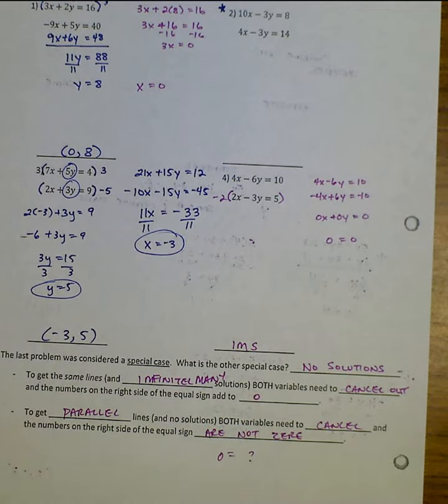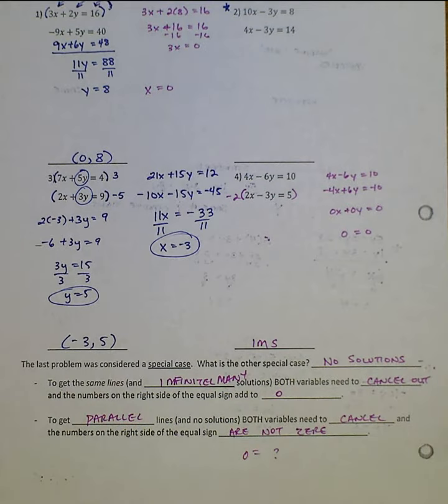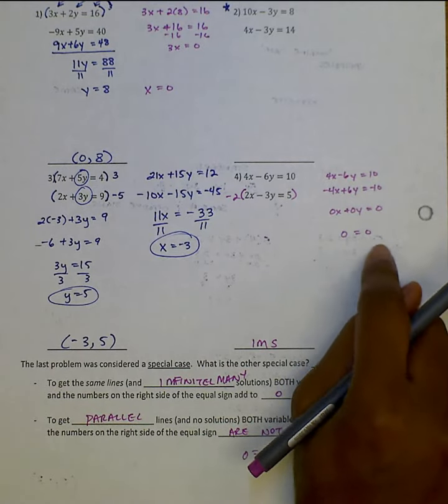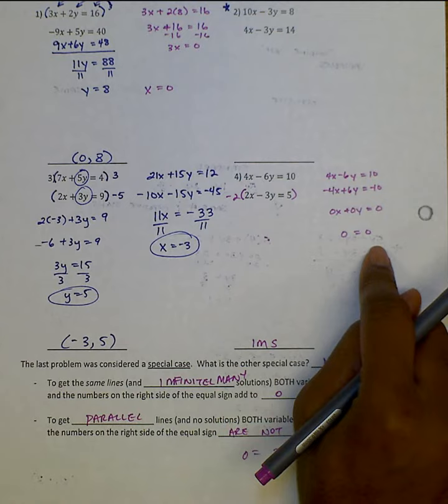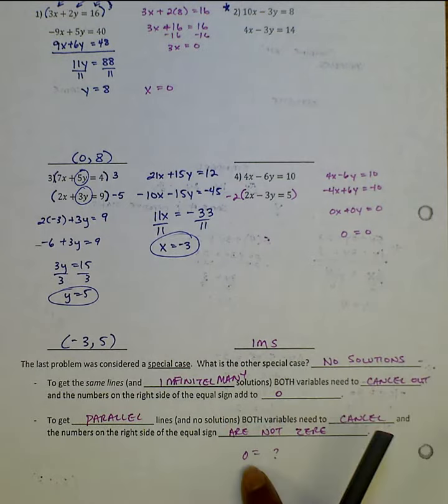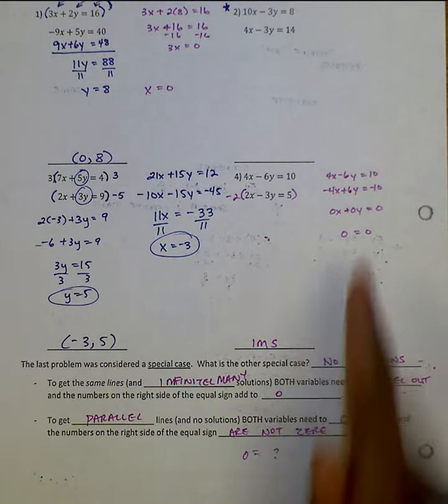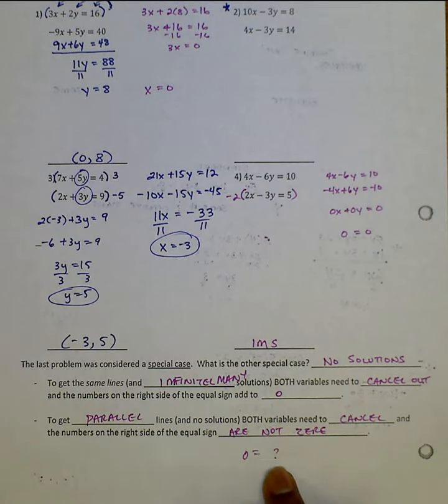And as long as it's not 0, it's no solution. So essentially it's the same thing as substitution. If we get to a point where we have a true statement, like let's say 2 equals 2, 0 equals 0, it'll be infinitely many solutions. If we get to a point where 0 equals 5 or 0 equals anything other than 0, then it'll be no solution. So, infinitely many solutions, true statement; no solution, false statement.